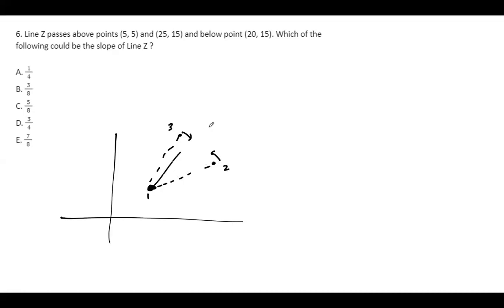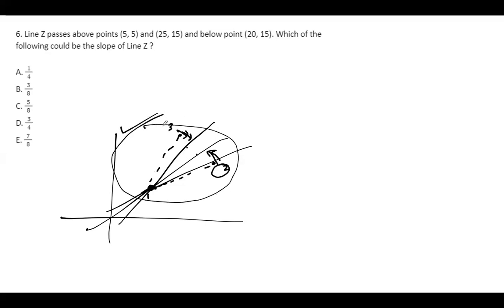That means the line could be something like this, or this, or this. This means that the slope of these lines should be greater than the slope of line 2, but lesser than the slope of line 3. Is my point clear? Everyone? Yes. Yes, sir. All right.